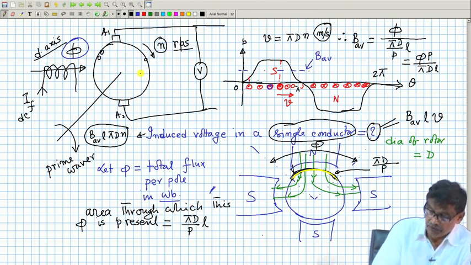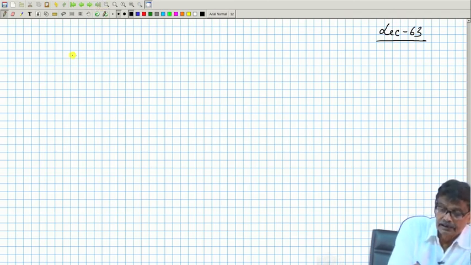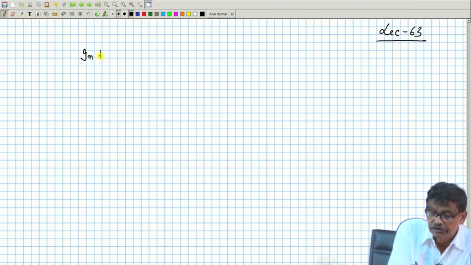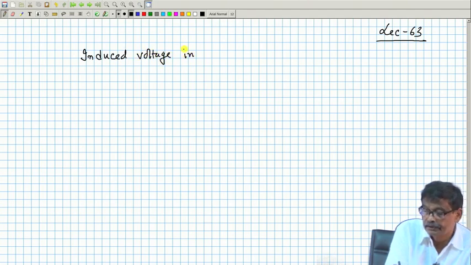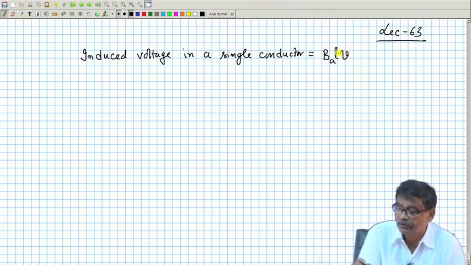So, I will start from here. The last day's expression, induced voltage in a single conductor, we got it to be equal to B average, V velocity, L the length of the conductor.